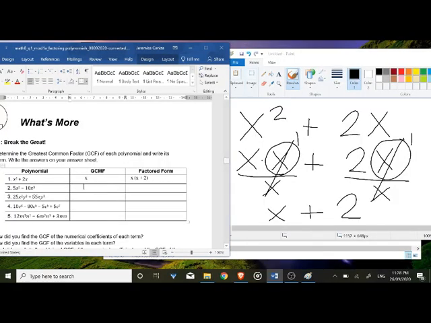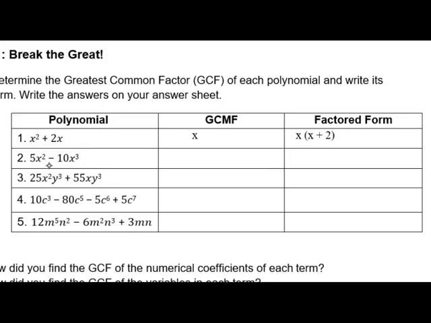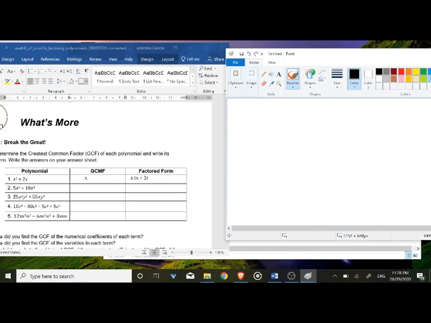So, ganyan lang po, no? Ganyan lang, class. Next, 5x squared minus 10x cubed. So, how to get the GCMF? I-expand again natin by term, kung pwede pa siyang i-expand into factors. So, si 5x squared po ay 5 times x times x po yan. So, minus si 10.